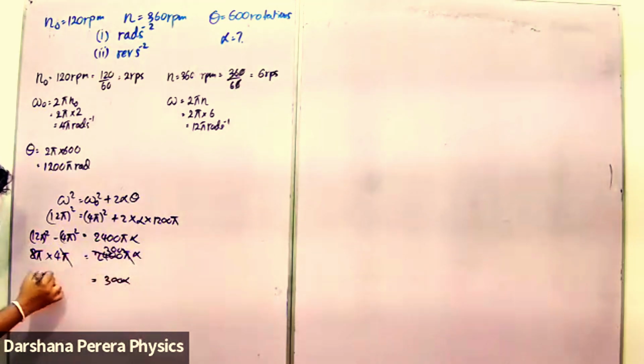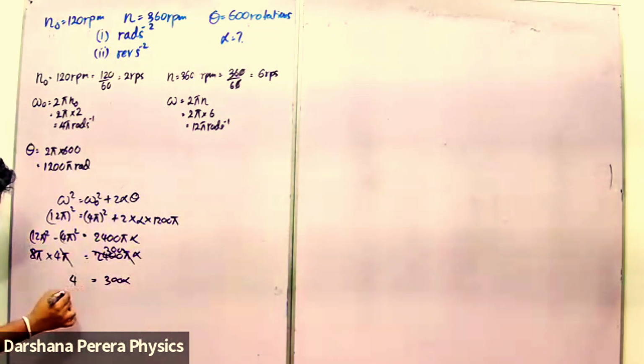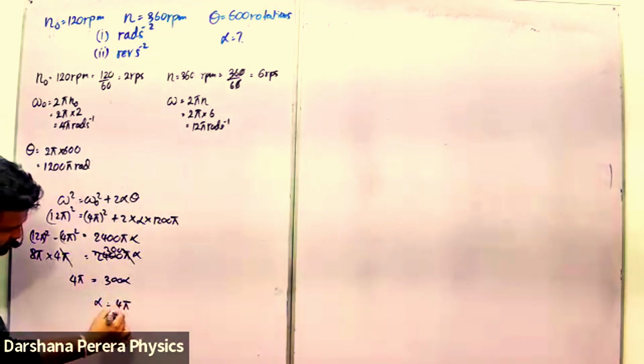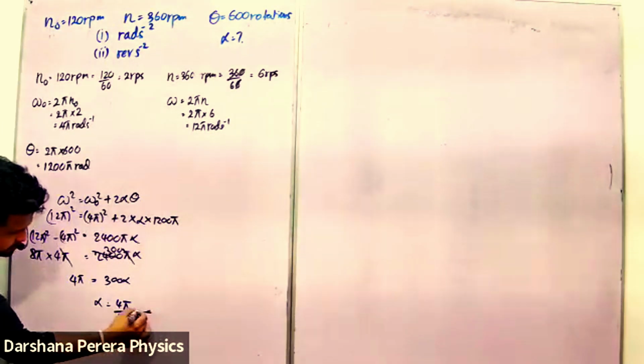300 alpha equals 4 phi, alpha equals 4 phi over 300.